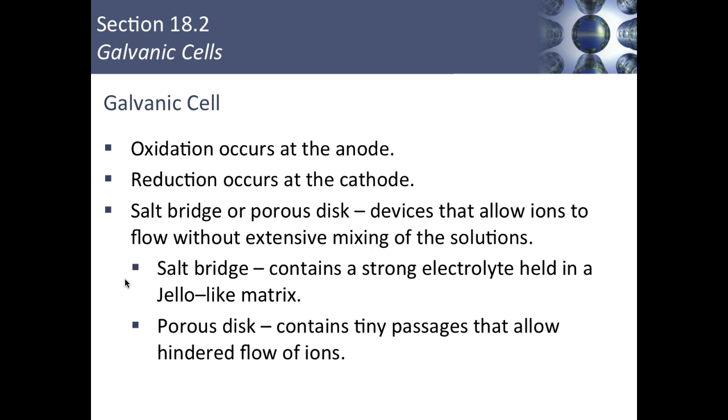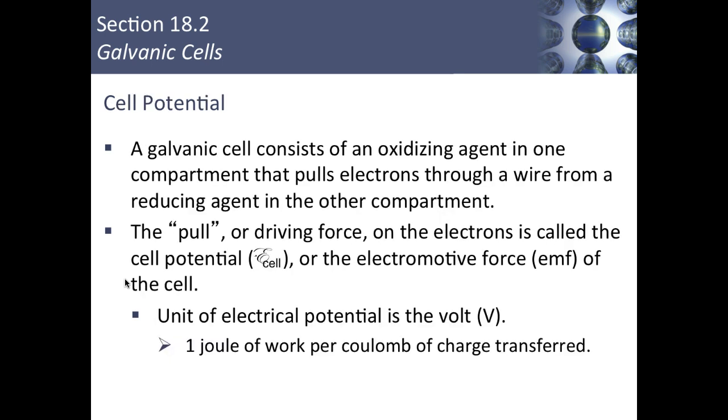So it just prevents us from having a buildup of positive and negative. Okay? Now, when we have this system going on, it's great that we have this sort of cell happening. We want to make sure that there's some way we can actually measure how much energy is being transferred in this process.